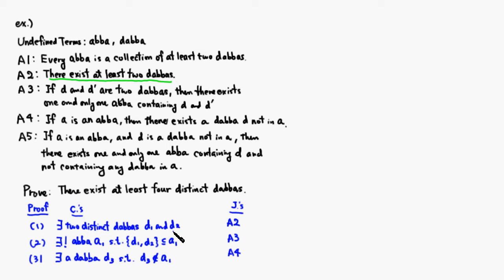So D1 and D2 are in A1, D3 is not in A1, which means that D3 is definitely distinct from D1 and D2.